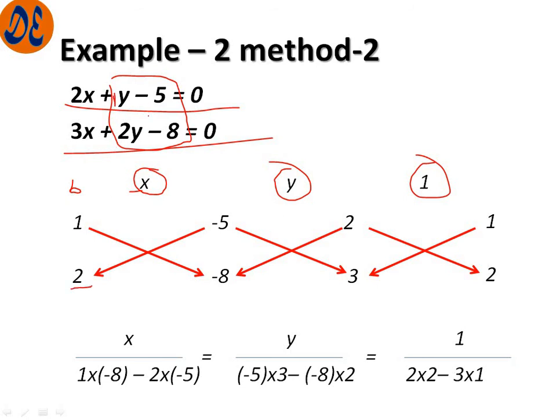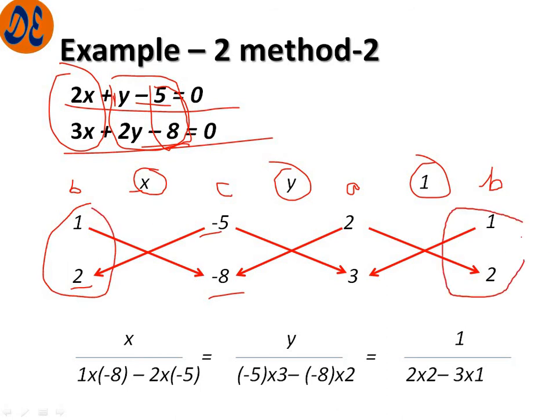Similarly for c, -5 and -8. Now again for y, we take first c and then a. So c we have written, and a will be written as 2 and 3. And for 1 again b, c, a, and after a it comes b. So again we have repeated these values.